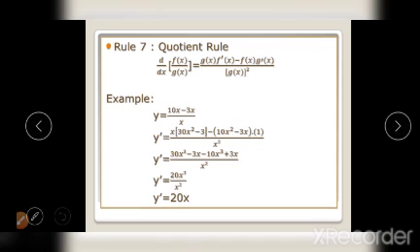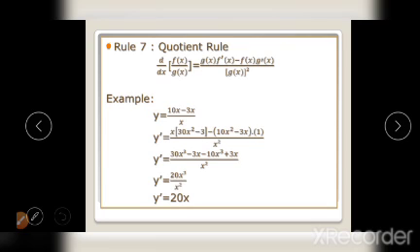So for example, we have y equals 10x squared minus 3x all over x. So y prime equals x times the bracket 30x squared minus 3 minus the quantity of 10x squared minus 3x times 1 all over the denominator squared, x squared.